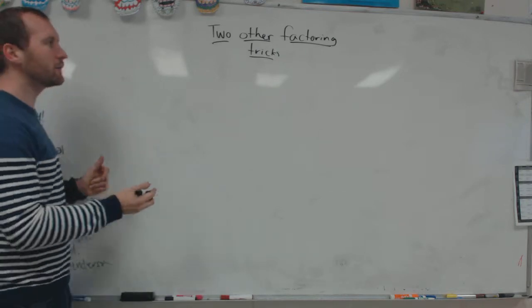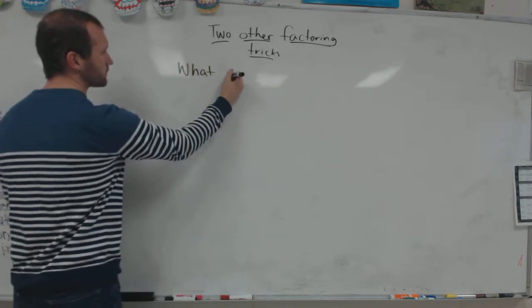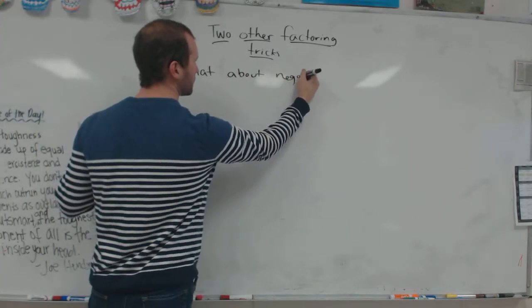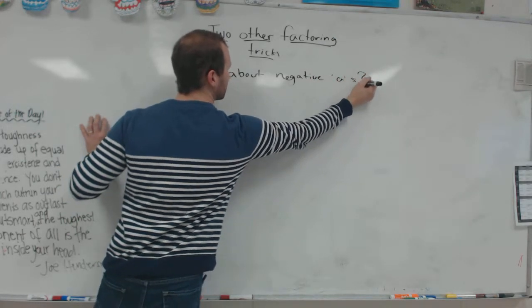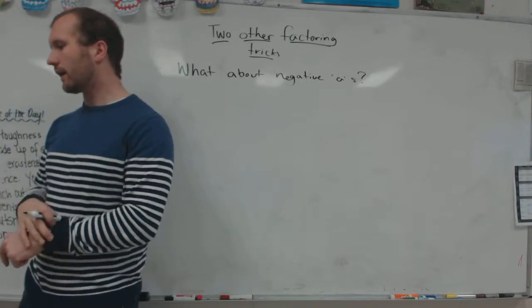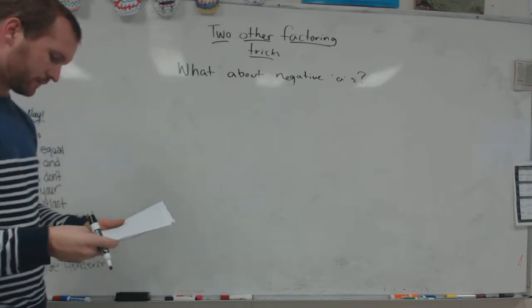This is going to be kind of a variation on that, but what about negative a's? What if I have a negative a? So let me get an example of these.